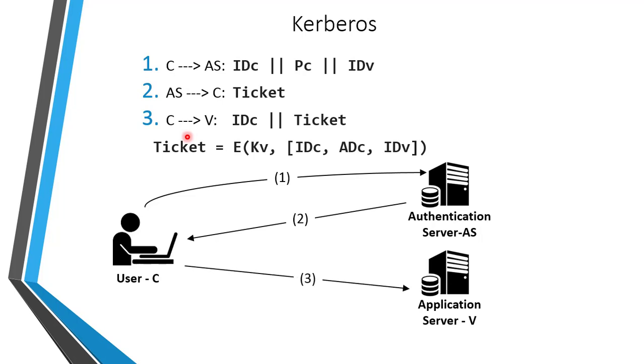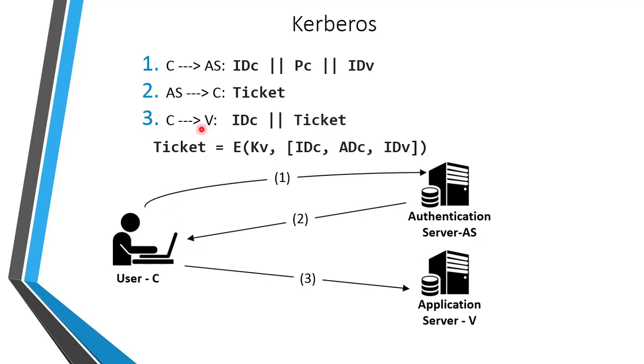So here, the first step is that the client is requesting the application server, using the application server ID, to the authentication server. Now the authentication server will authenticate the user by finding the password of the client in the database, then reply with the ticket of the application server, the ticket of the service.